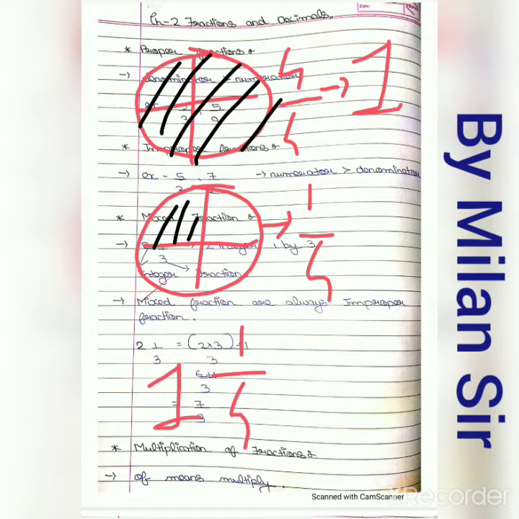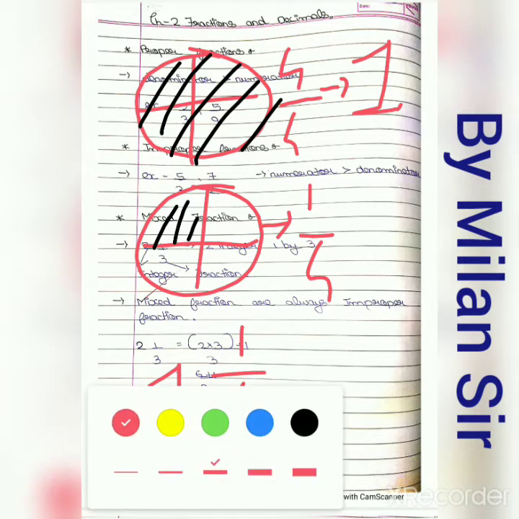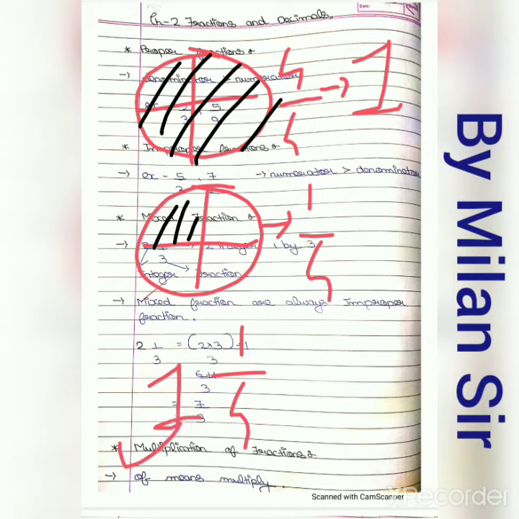It means that you take one full quantity, and from the second quantity you consider just 1 by 4. That means out of 4 parts you consider one part, right? So in this way you can represent the mixed fraction.